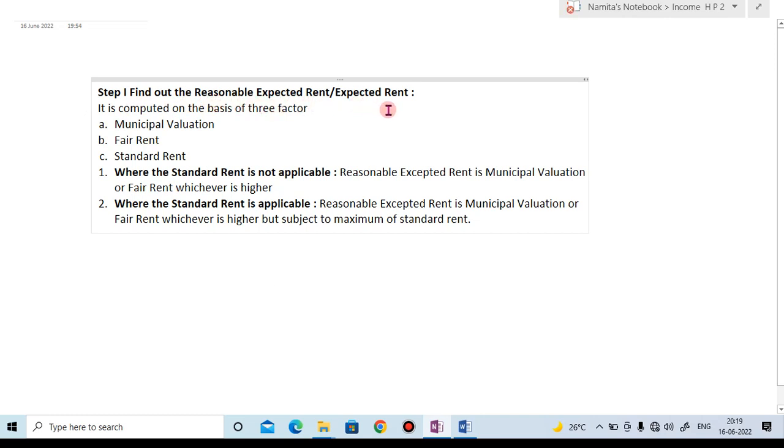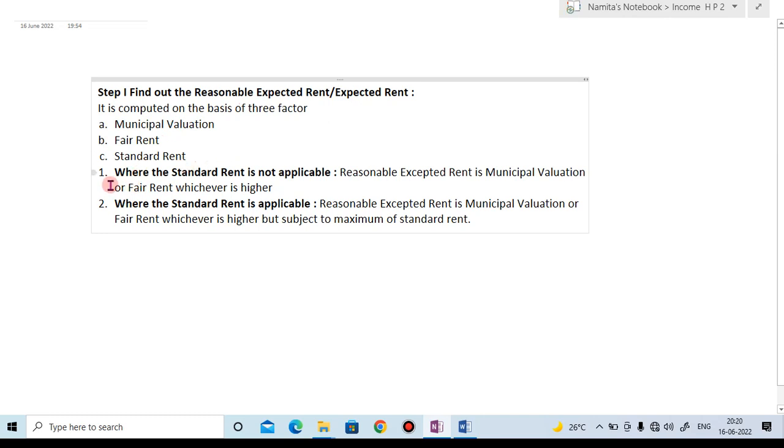This expected rent is computed on the basis of 3 factors: municipal valuation, fair rent and standard rent. If these 3 factors are there, we can find the expected rent. That is step number 1. Now what you have to identify in the question is whether standard rent is given or not.